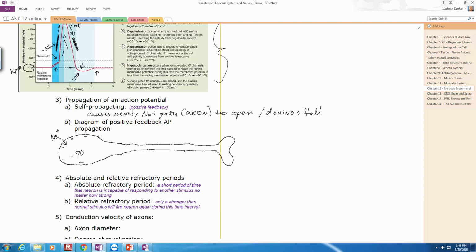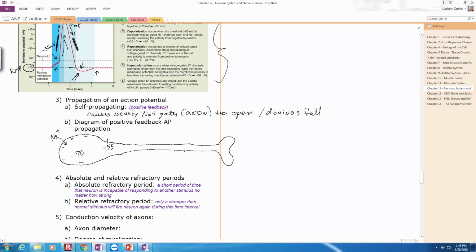If we get enough little bits of sodium coming in, so maybe it's a negative 5 here, maybe it's a negative 2 over there, but we need enough of these graded potentials, enough little blips, to hit what? At the axon hillock, negative 55. That's our threshold. If we get enough of those graded potentials from sodium coming in, enough acetylcholine stimulating it, you get from negative 70 to negative 55, so a positive 15 millivolt change.